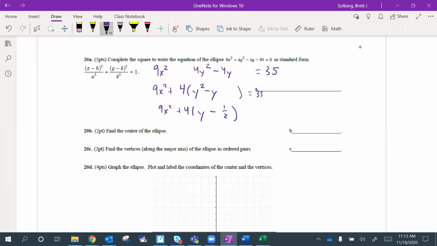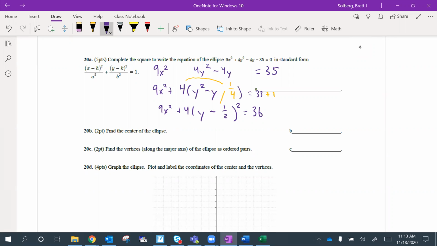And then what's 1/2 squared? 1/4. You're right. So now I'm going to have to bring the 1/4 there. But remember, that's really 1/4 times 4, which is going to turn into 1. So this is going to turn into 36, which is nice. All right, great job, Anita.